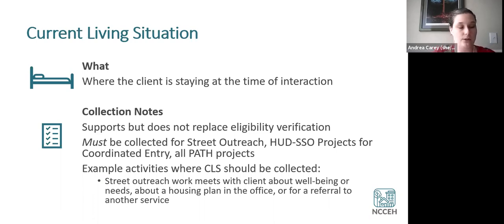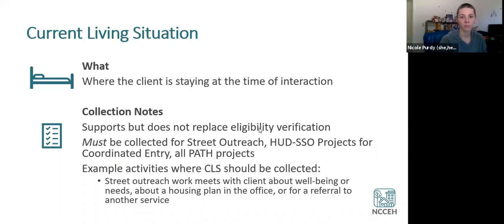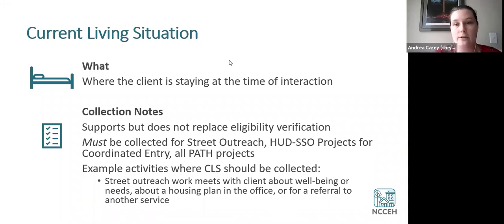That's definitely referring to where a client is staying, but it does look at where they're staying at that time of interaction. And this is really about supporting but not replacing eligibility verification. This is about tracking the client's journey, especially for our supportive services or street outreach projects.